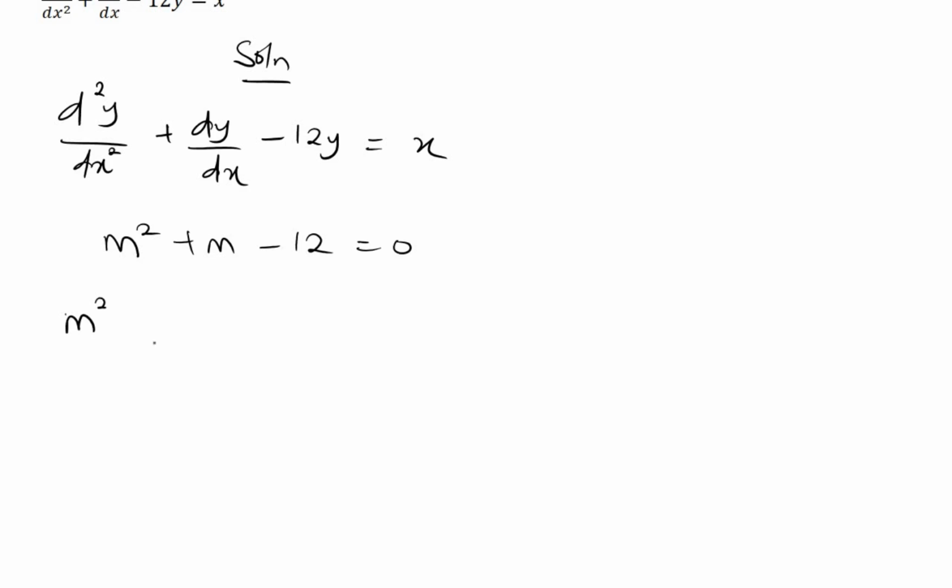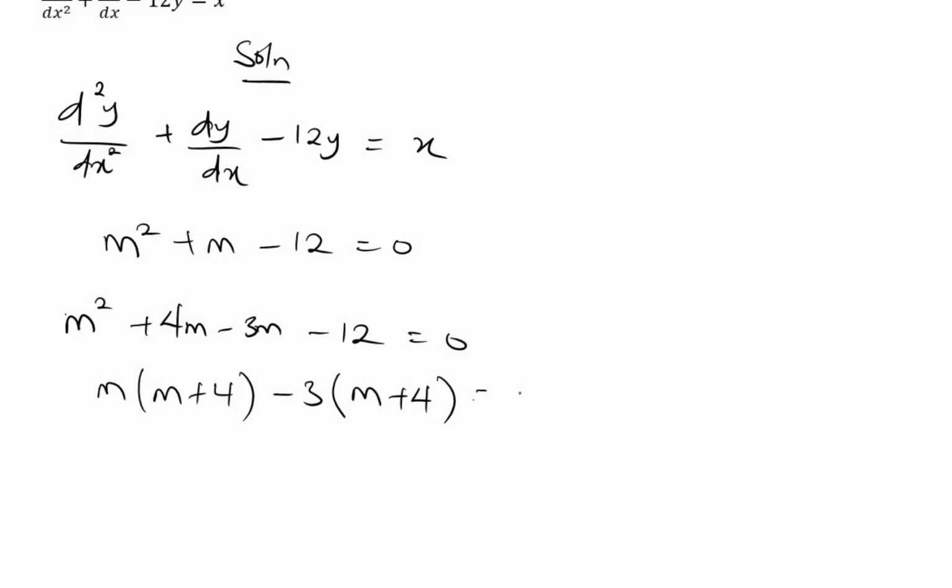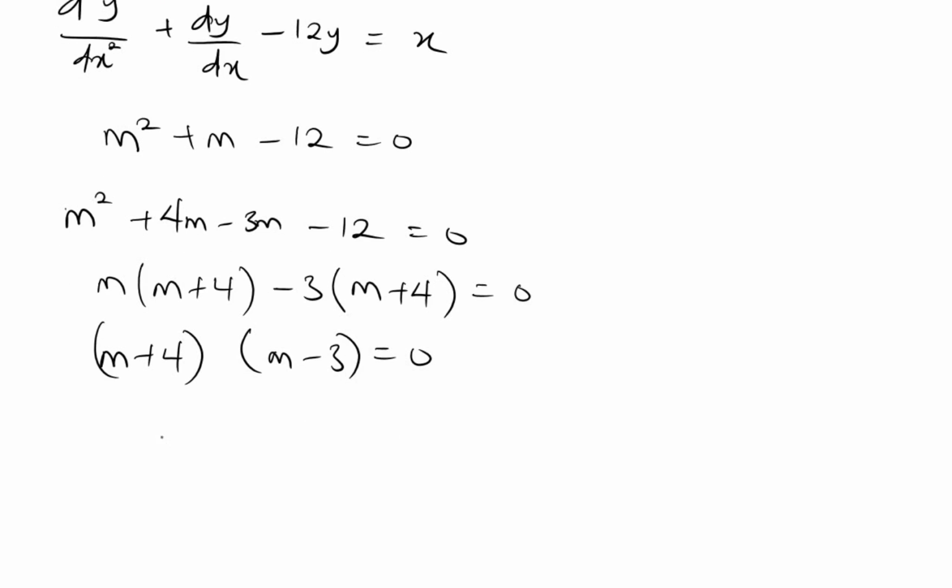We can say m squared plus 4m minus 3m minus 12 is equal to 0. Here we can say m into (m plus 4) minus 3 into (m plus 4) equals 0. In total, I can say (m plus 4)(m minus 3) is equal to 0, which is telling me that either m plus 4 is equal to 0 or m minus 3 is equal to 0.